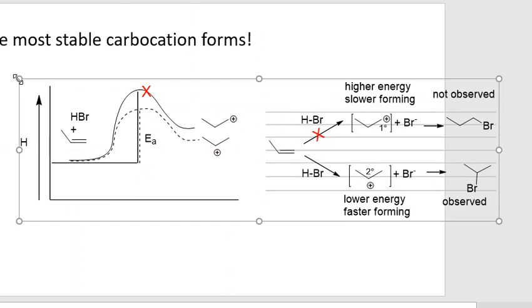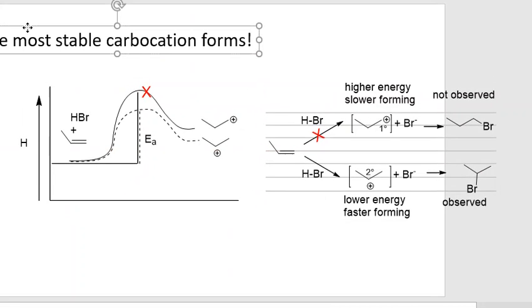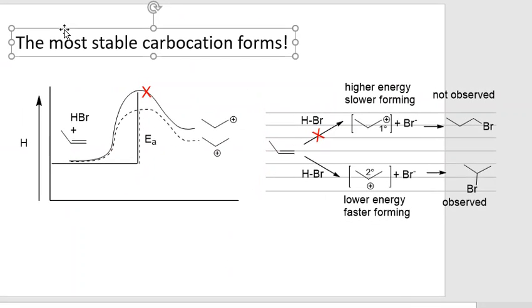The reason that it forms is because the most stable carbocation forms. And this is really the other fundamental idea of this chapter, is that the product that you see is a result of the most stable intermediate. So a more substituted carbocation is more stable, and so that's the one that's going to form, and that's the one that would lead to the more substituted product.